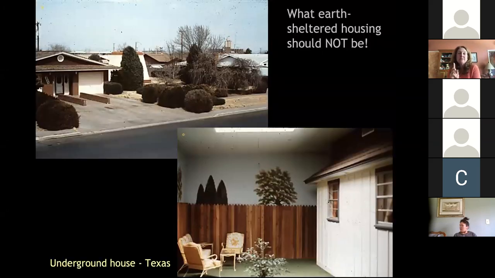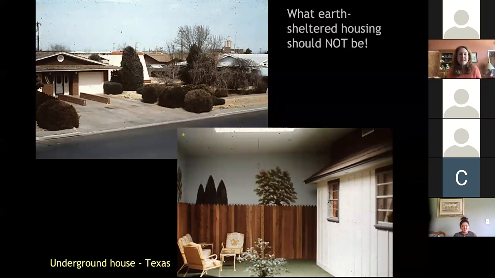So here's an example of an earth sheltered building that I think really gave earth sheltering a bad name. This came out of the bomb shelter mentality in the 50s. It's an entirely underground house in Texas where they thought, no problem, we'll just pretend we're outside and we'll bring all the elements of the outdoors down below.